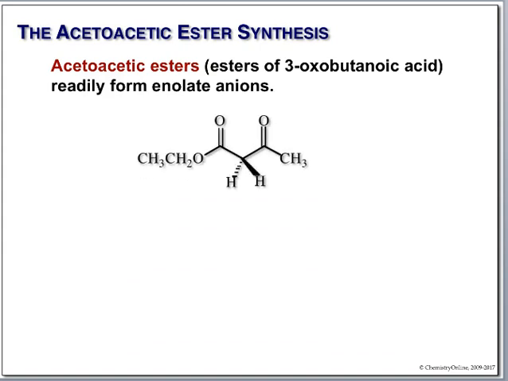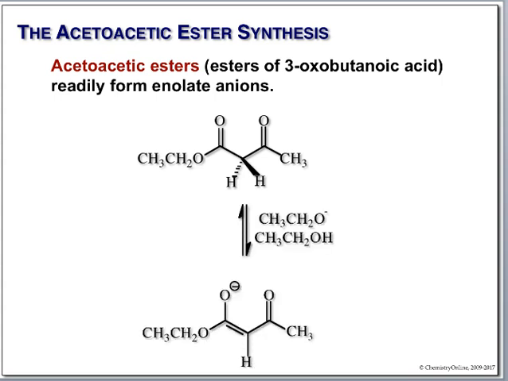Ethyl acetoacetate looks like this. Again, it's a beta diketone, very acidic hydrogens right here. Not surprisingly at all, we can enolize this just with ethanol to make our enolate anion.